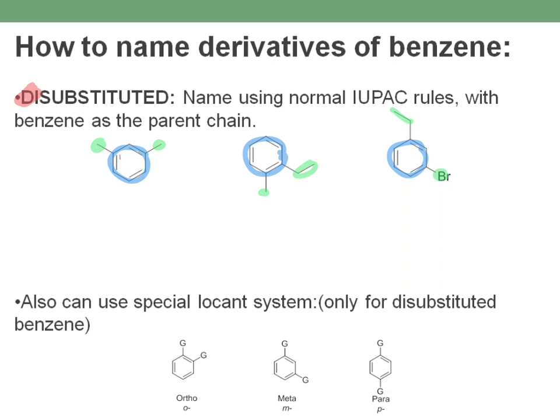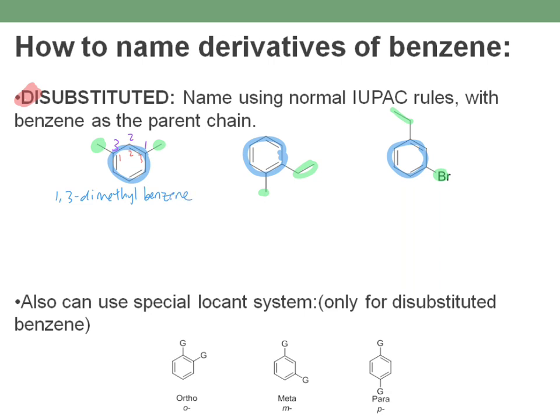In this case, I have 1, 2, 3, or I could go 1, 2, 3, but since they're identical, it makes no difference whatsoever. So either way you do it, it's a 1,3-dimethyl. However way you do it, it doesn't make a difference. So I'm just going to call this a 1,3-dimethylbenzene.